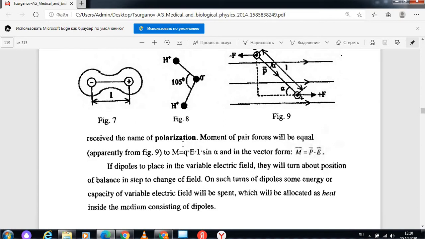So on such turns of dipoles, some energy of the variable electric field will be spent, which will be allocated as heat inside the medium consisting of dipoles.